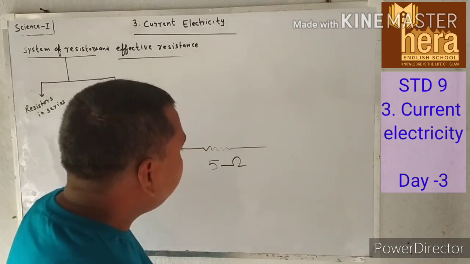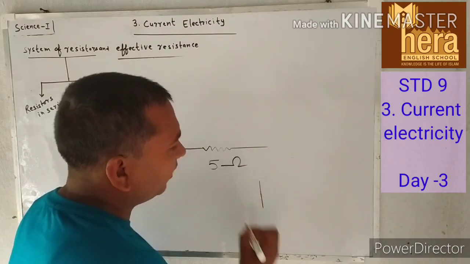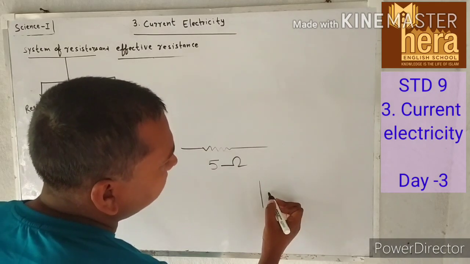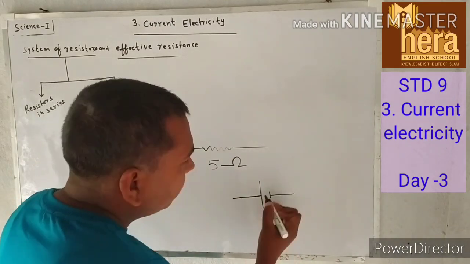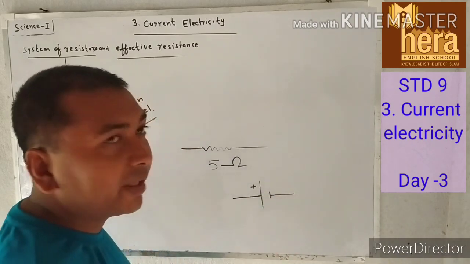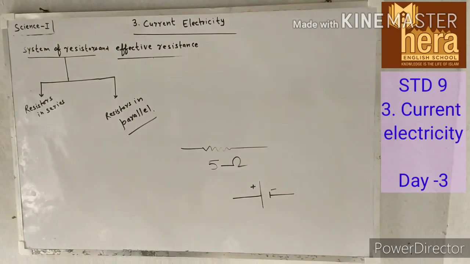The symbol of a cell is one bigger line and one smaller line. Bigger one is positive and smaller one is negative.